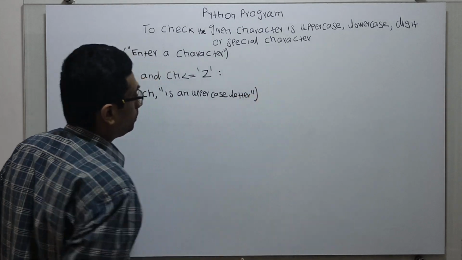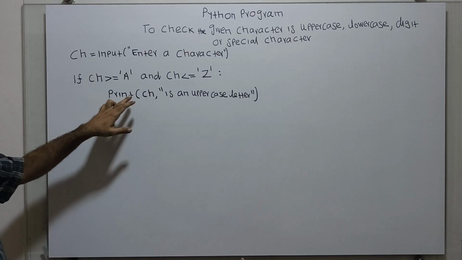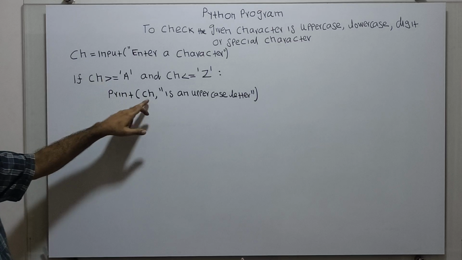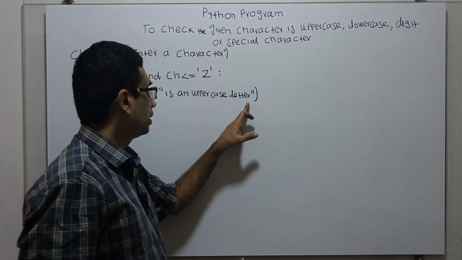I am closing the double quotation and closing the print statement. Print ch, the value of the variable ch will get printed, is an uppercase letter, is my output.